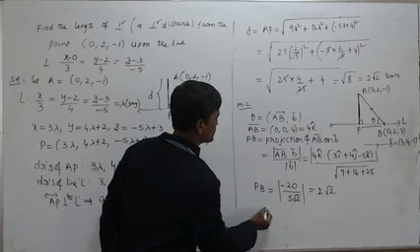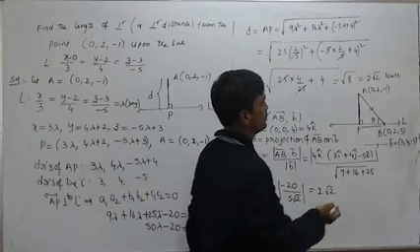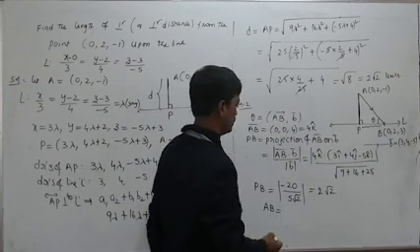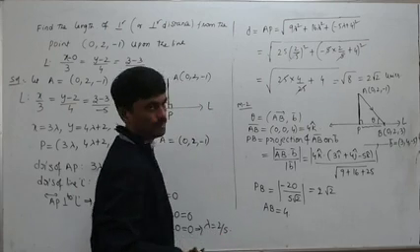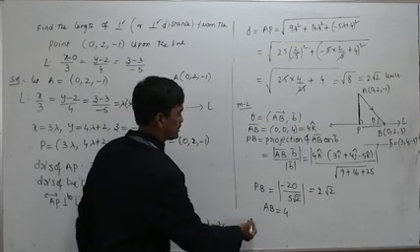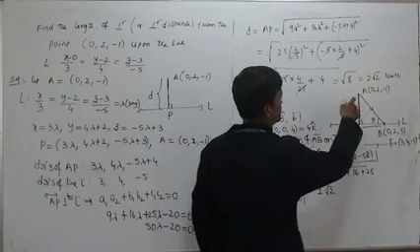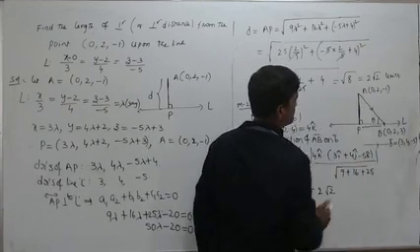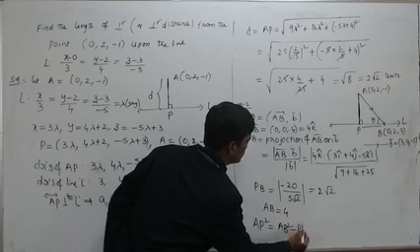Then using the distance formula you can find AB also. The distance between A and B is 4 units. But we are required to find AP. So using the Pythagoras theorem, AP square is equal to AB square minus PB square.